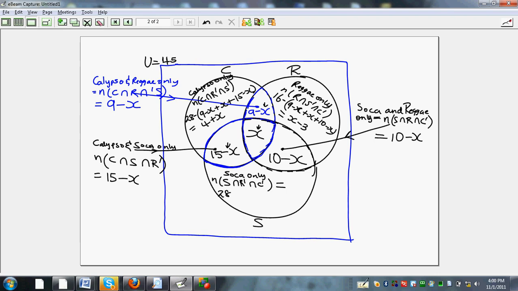But to get those who like soca only, you'd have to take away from that 28 all of those in the areas in that soca circle as well, which would be the 15 minus x from here, the x from there, plus the 10 minus x from here.